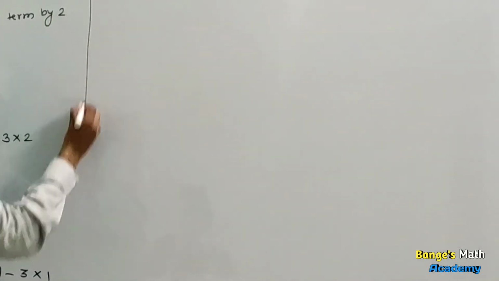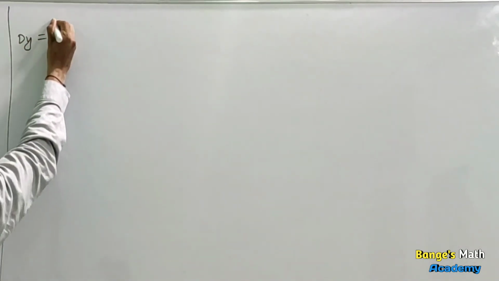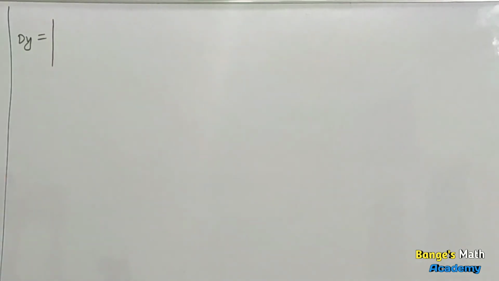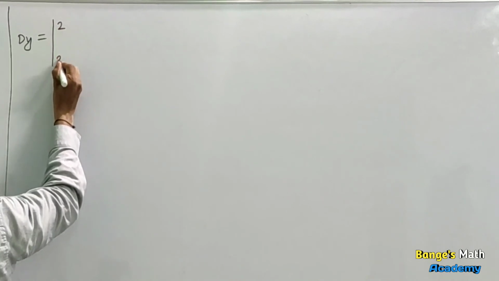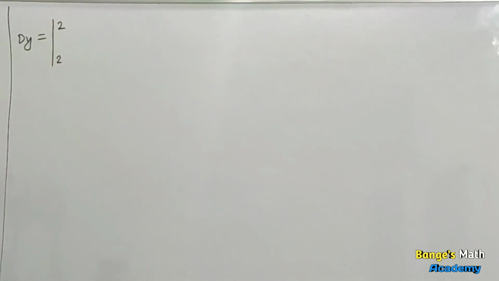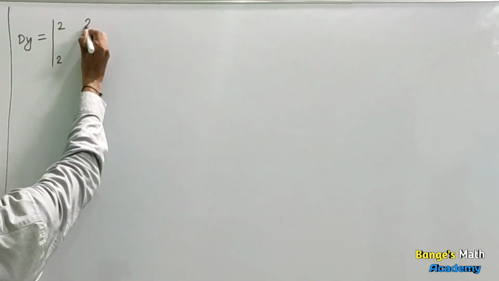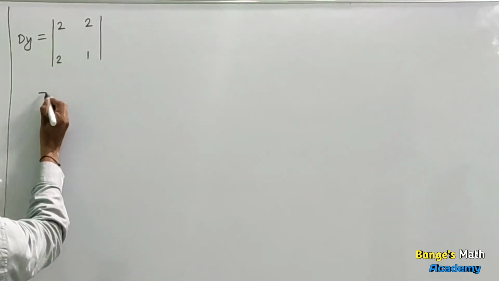Then dy is equal to, in first column write down coefficients of x: 2, 2. In second column hide the coefficients of y and replace it by constant term 2, 1.